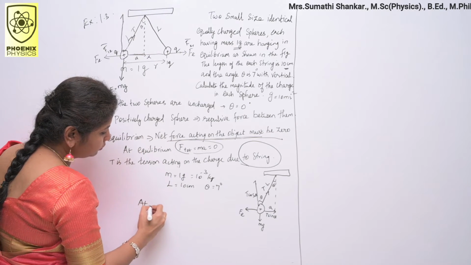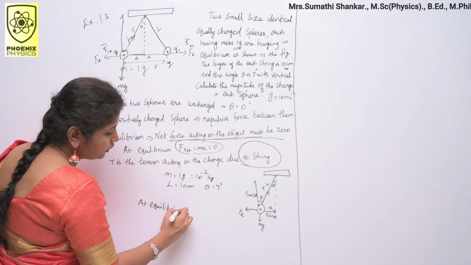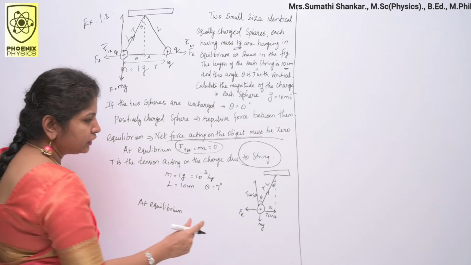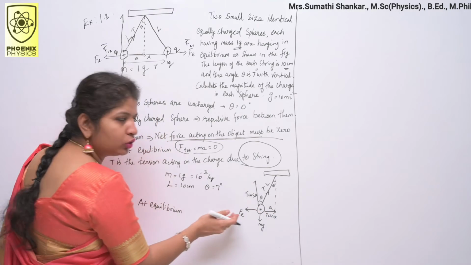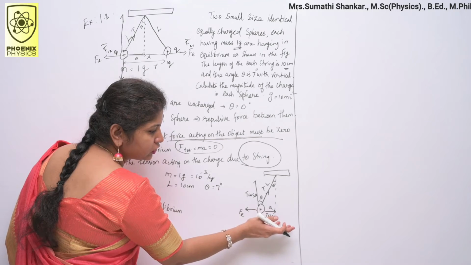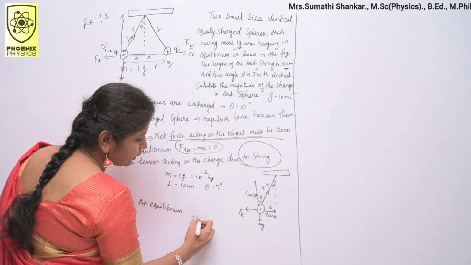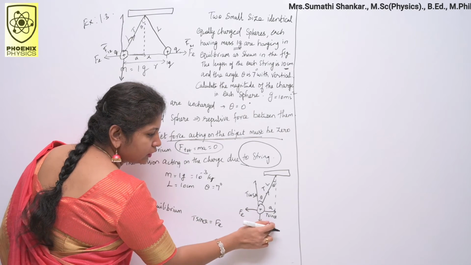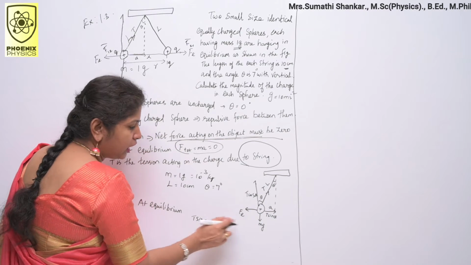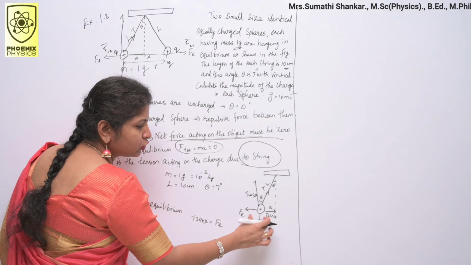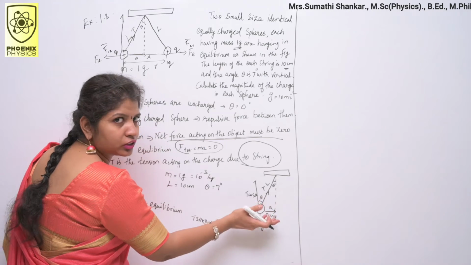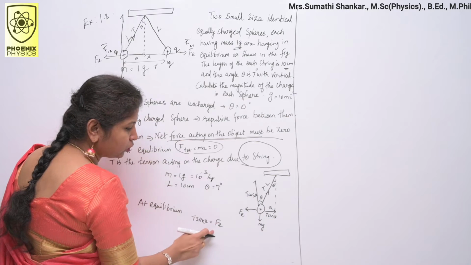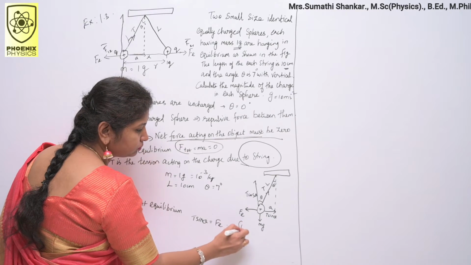At equilibrium, the left hand side of the force is equal to the right hand side of the force. In the X direction we have T sin theta, right? T sin theta is equal to Fe. This is the right hand side and this is the left hand side. At equilibrium position, you equate the x direction forces, that is T sin theta equal to Fe. This is equation 1.